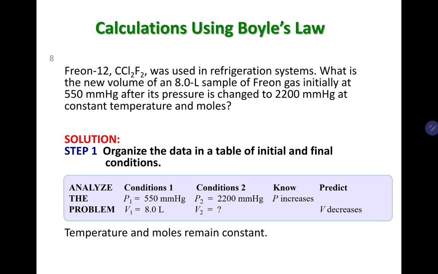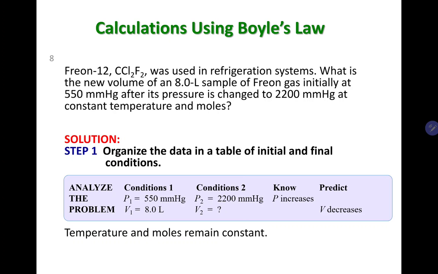This gas is used in a refrigeration system, which has nothing to do with this calculation, by the way. What is the new volume of an 8 liter sample of gas initially at 500 millimeters of mercury pressure, after its pressure is changed to 2200 millimeters of mercury?